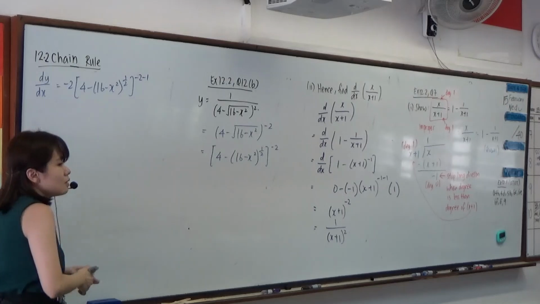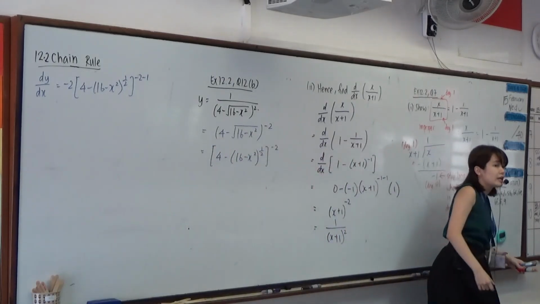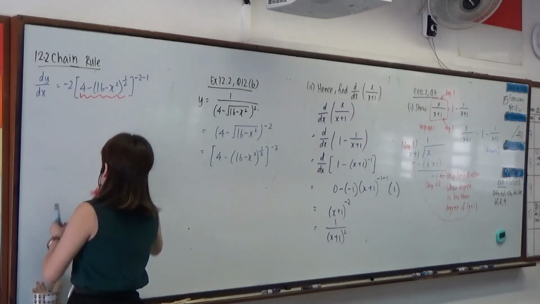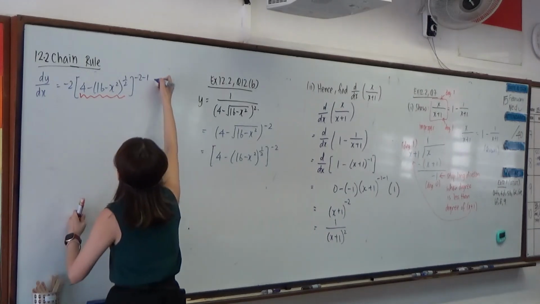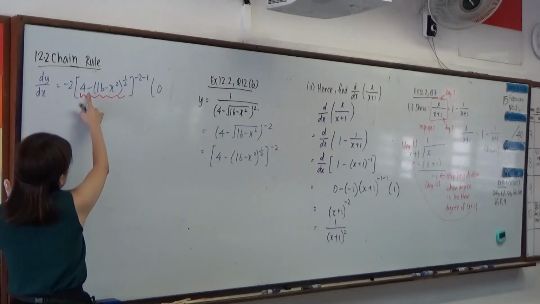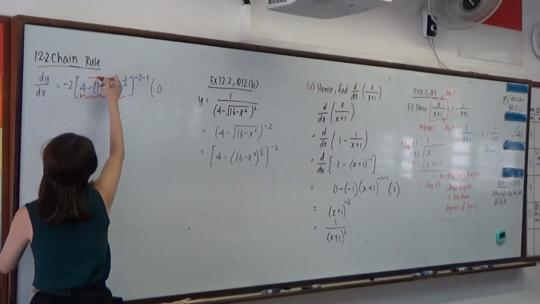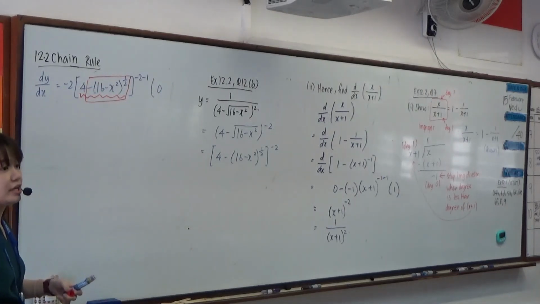Okay? Now we need to differentiate inside the square brackets as per our chain rule. Differentiate this thing inside here. So differentiating 4 is 0. Let me intentionally just write it as 0. Then minus away. This thing over here needs to be differentiated. How?